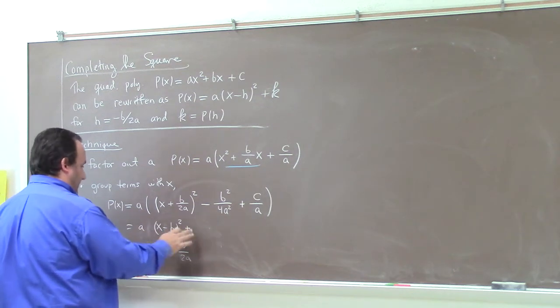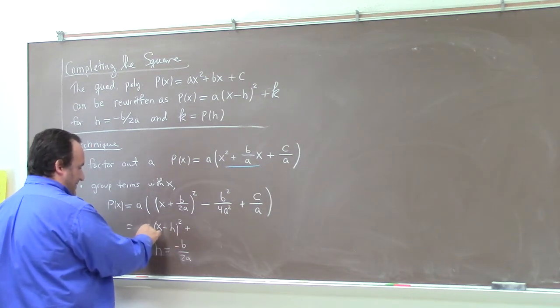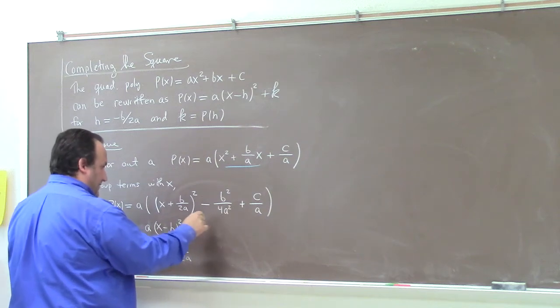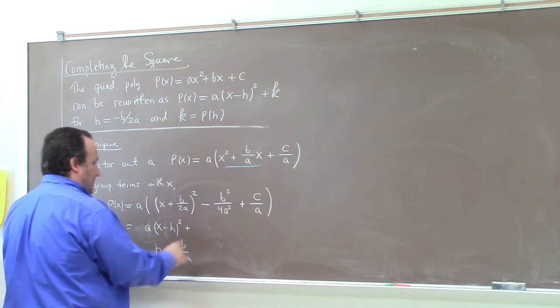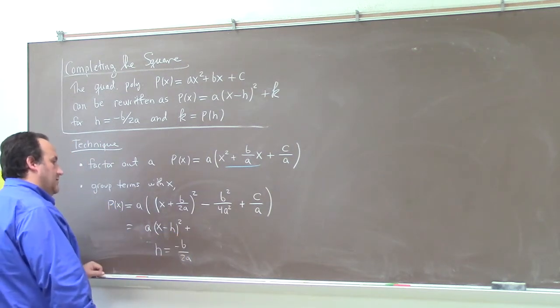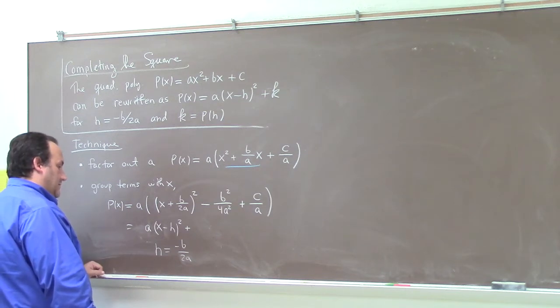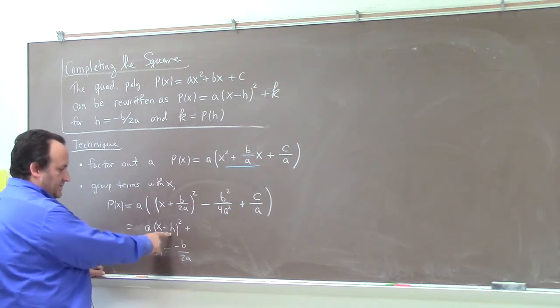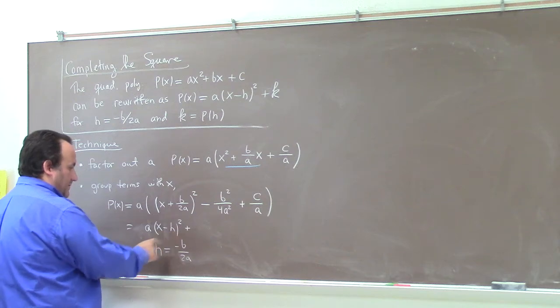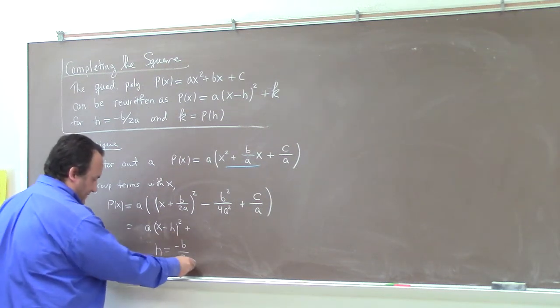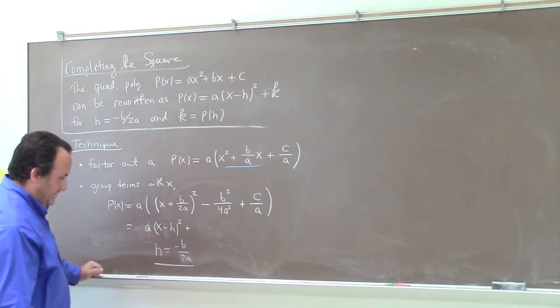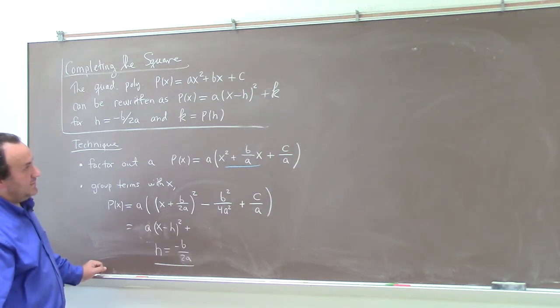I gotta multiply this through. So plus... H is this. Minus b over 2a is h.